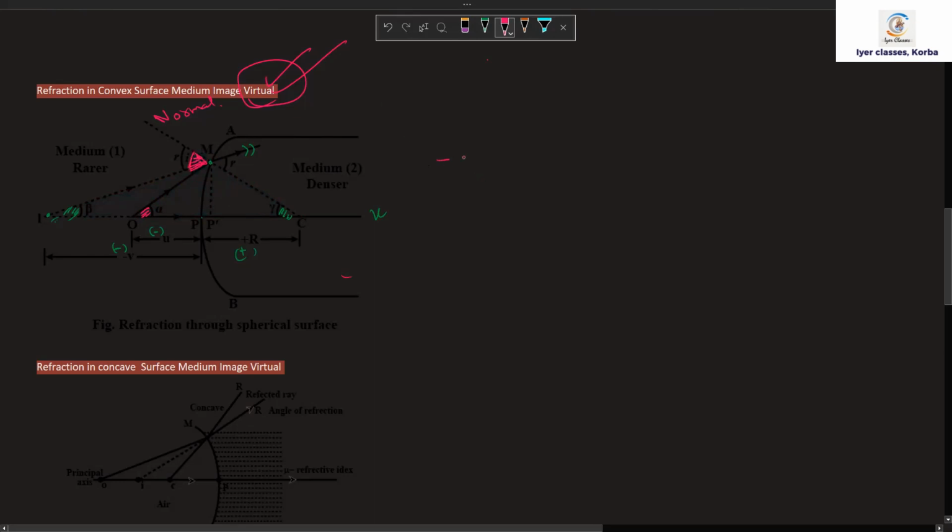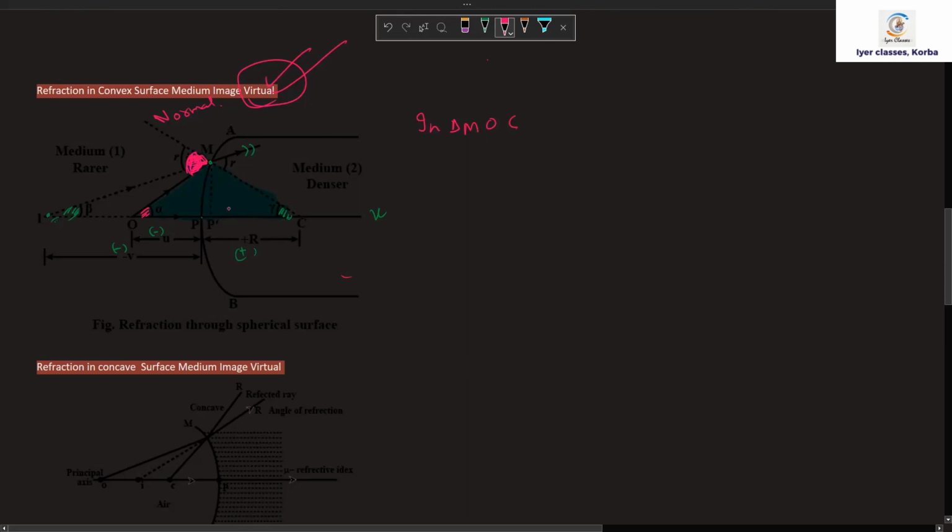But it is equal to what? It is the exterior angle of which triangle? For triangle MIP dash, how will its exterior angle form? Now see this triangle, this exterior angle is being formed. We have to apply the exterior angle theorem. So this angle will be in triangle MOC.